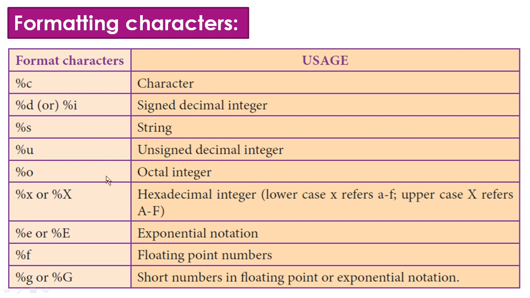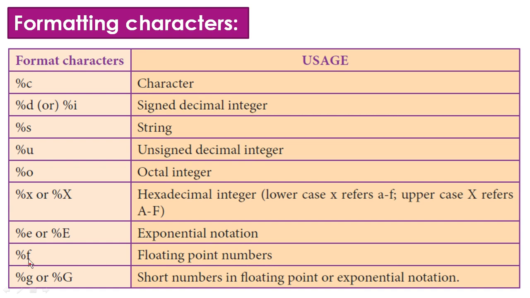U for unsigned decimal integer. O for octal integer. X or capital X for hexadecimal integer. Small e or capital E, exponential forms. That means 5.5 e plus 02, that means 5.5 into 10 power minus 2. Next one, floating point numbers. Example 5.5, 5.52.